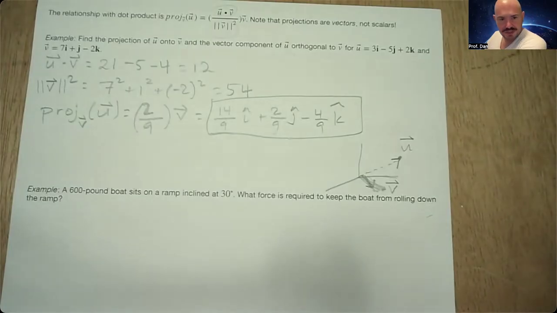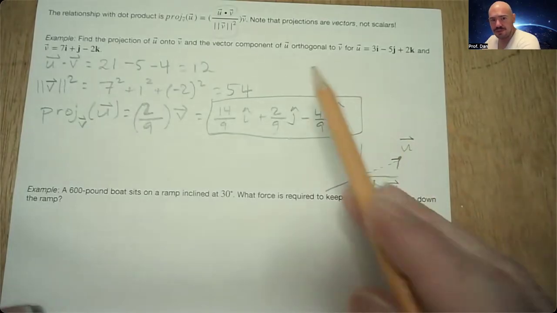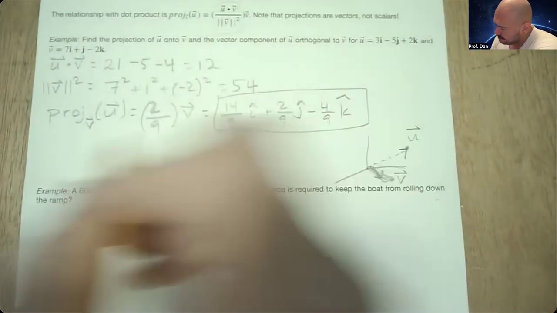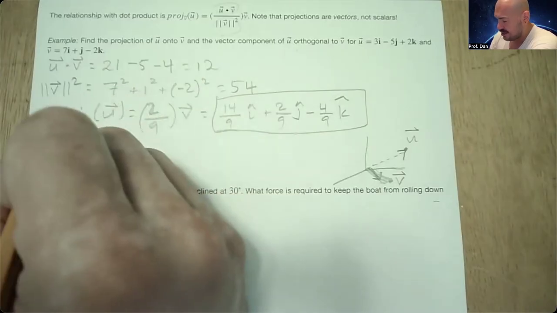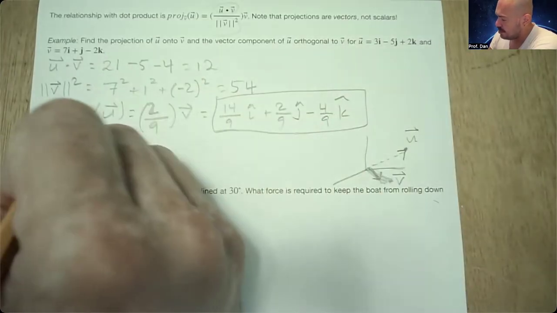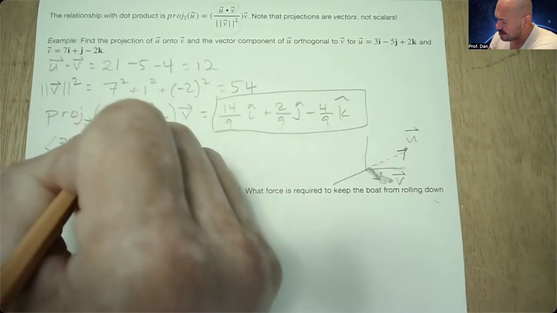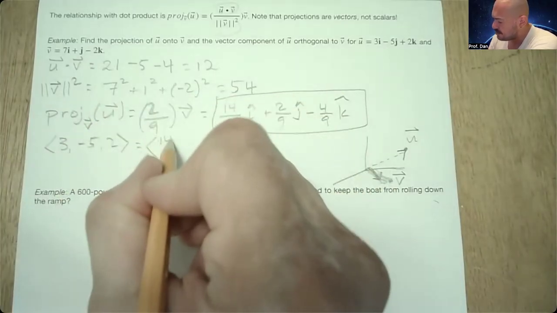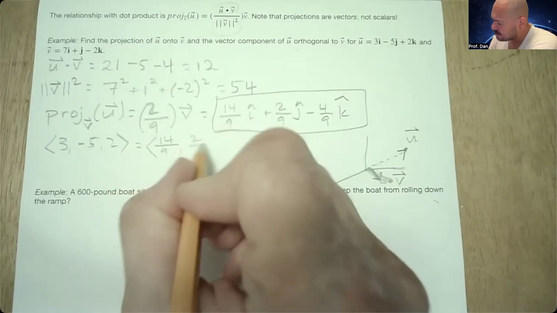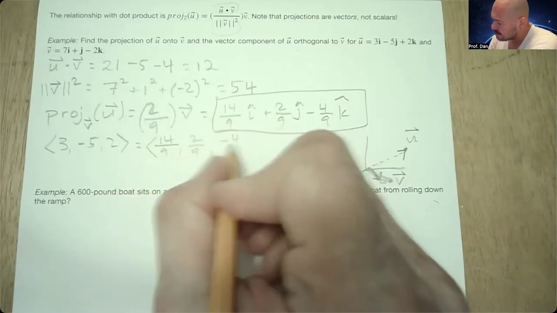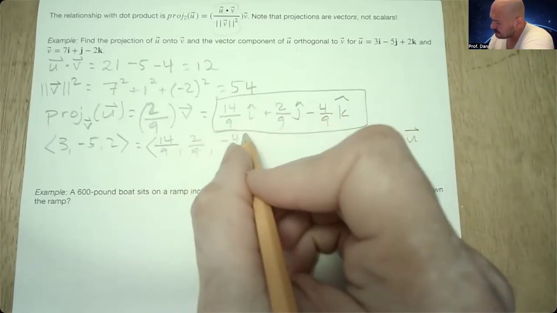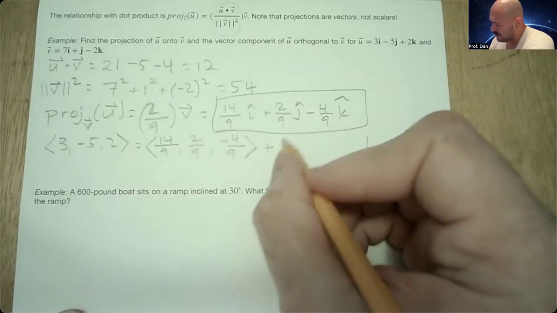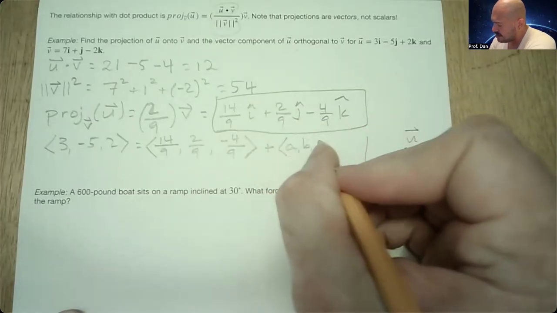The other thing it told us to do is find the vector component of u that is orthogonal to v. So kind of going back to what we did in that last example, we know that u has these components, and we know that it's going to be equal to this projection vector plus some other vector, a, b, c.